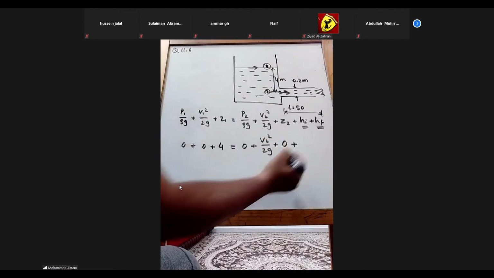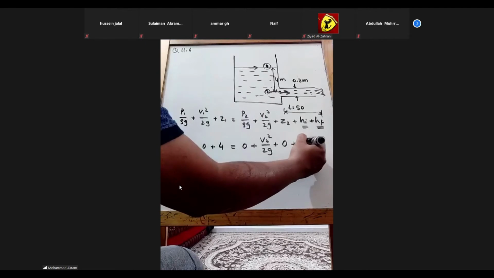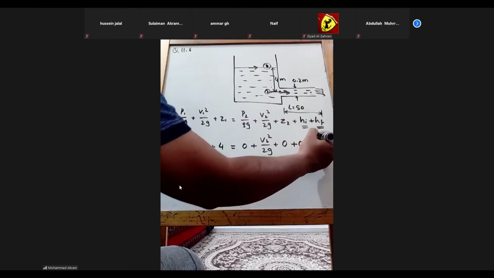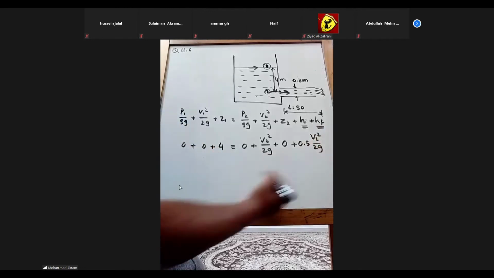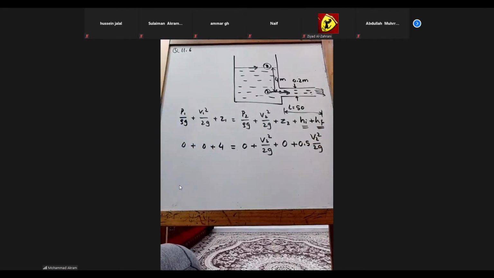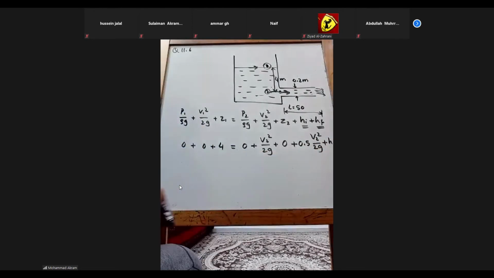Plus, what is the head loss at the inlet? 0.5 V2 square by 2G. Am I right? Plus HF. What is HF? 4 FLV square by 2GD.